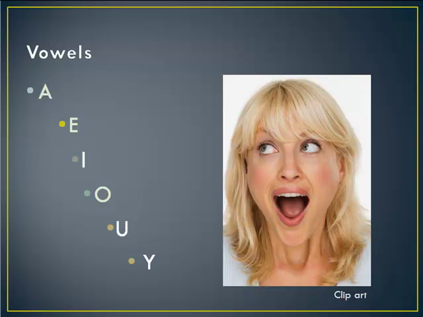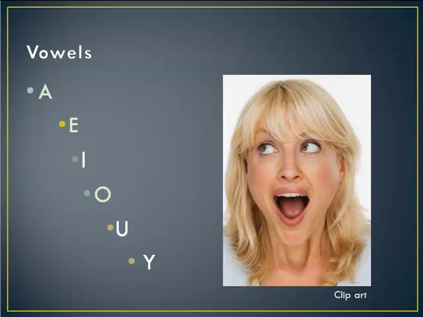Now Y is kind of tricky. It is tricky because it is only sometimes a vowel. It is a vowel in words like cry and try, because it does not block the progress of air.